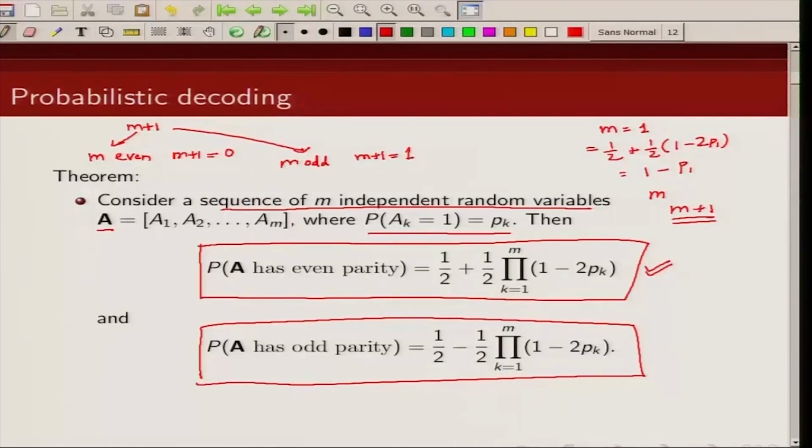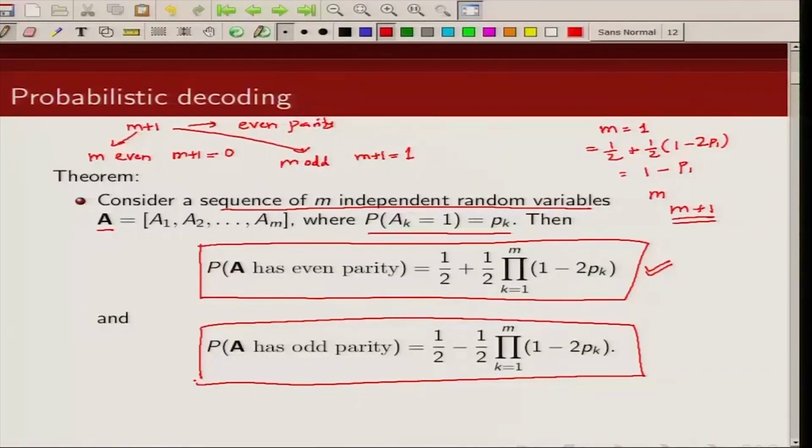So then we will get m plus 1 as even parity. So is it clear? There are two ways in which we can get even parity when we are considering m plus 1 independent random variables. Either m of them had even parity and the (m plus 1)th is 0, or m of them add up to odd parity and the (m plus 1)th is also 1.